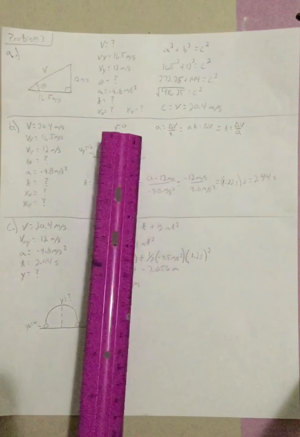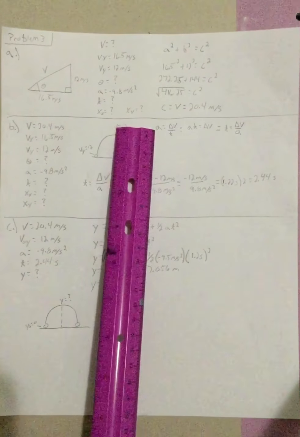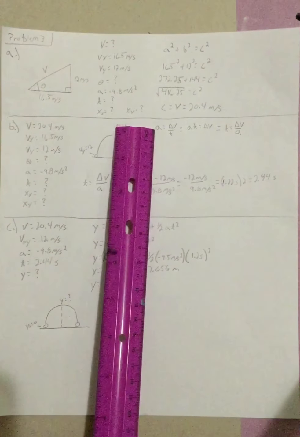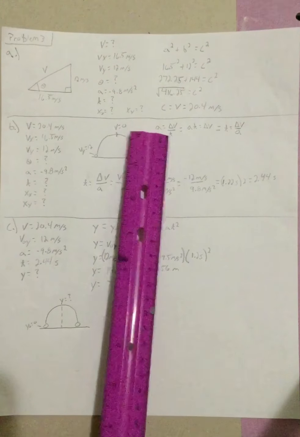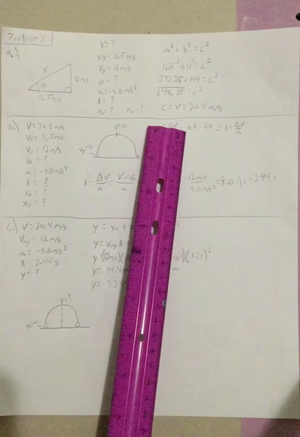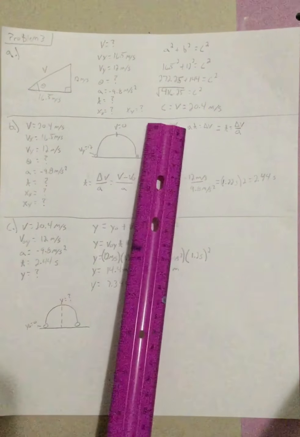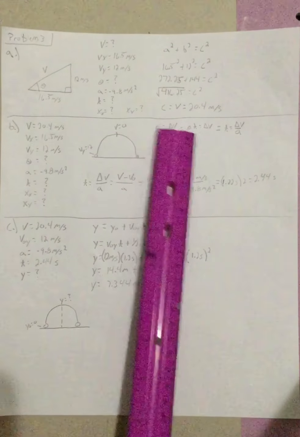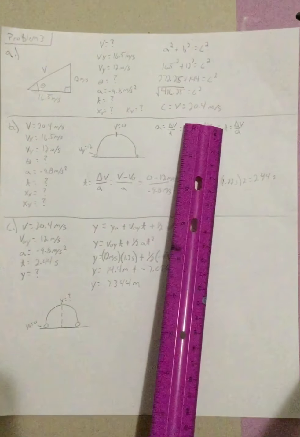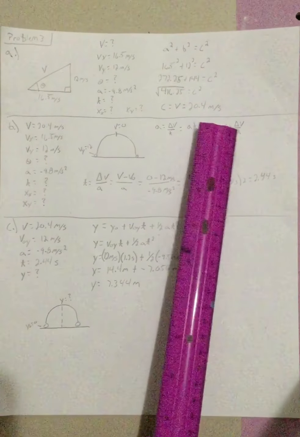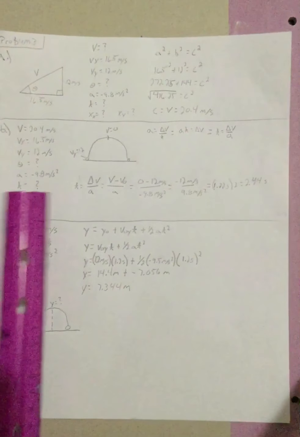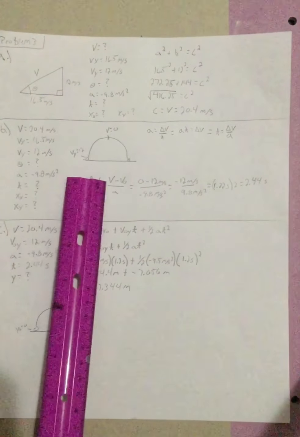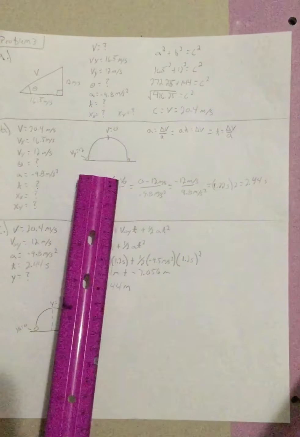And then we also know that we have a change in velocity as well. So I basically took the equation of acceleration. I took a is equal to the change in velocity divided by time, and then I multiplied the t over here, and then divided by the a, so I could get time equals the change in velocity divided by acceleration. So then when we look at the problem, the change in velocity will be the final minus the initial.